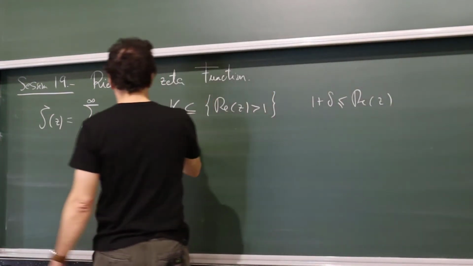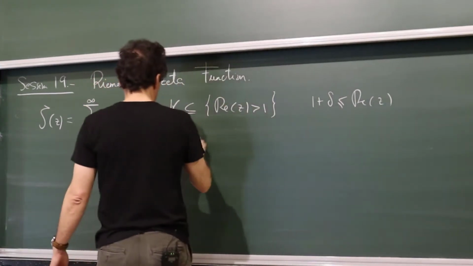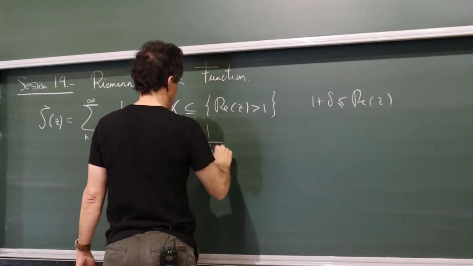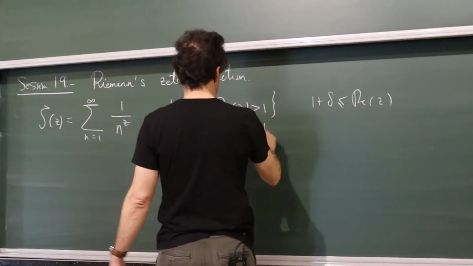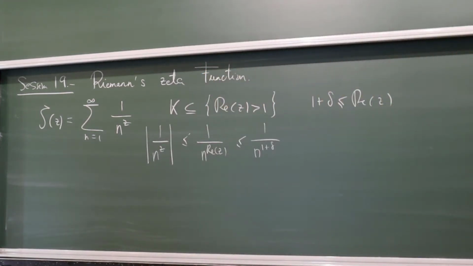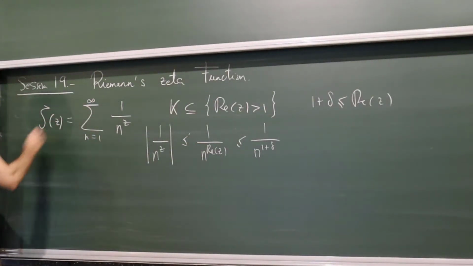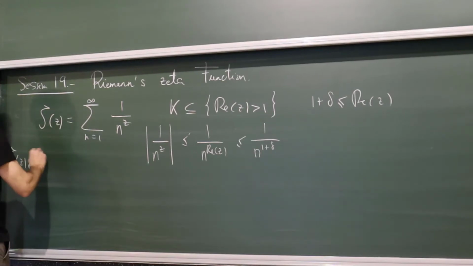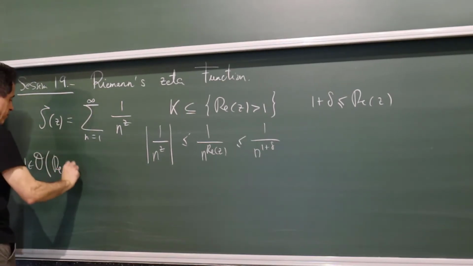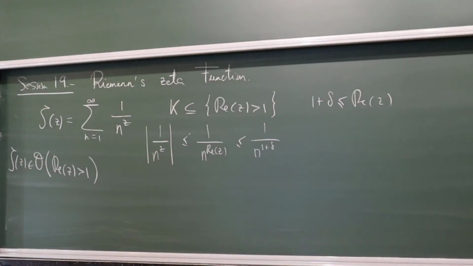So 1 over n to the z can be bounded by 1 over n to the real part of z, and of course this is a convergent series, so this defines a holomorphic function on this open set, the half plane of complex numbers with real part greater than 1.